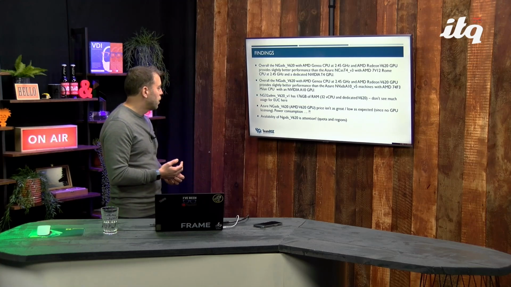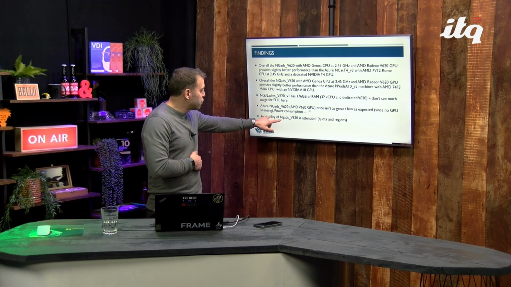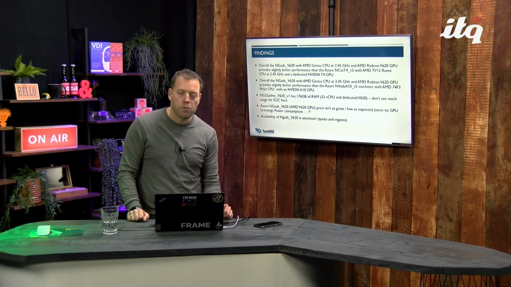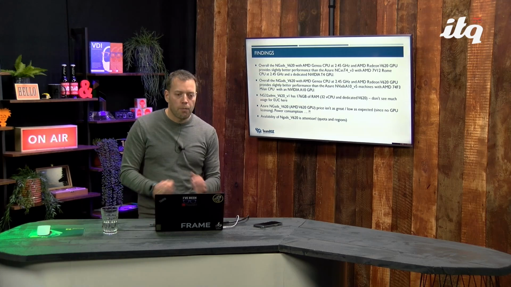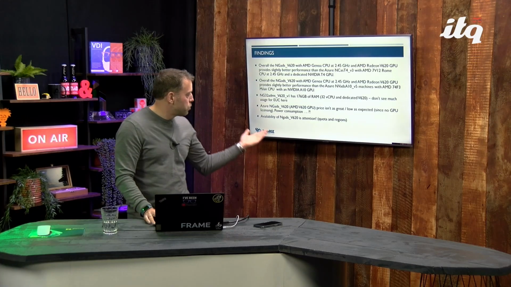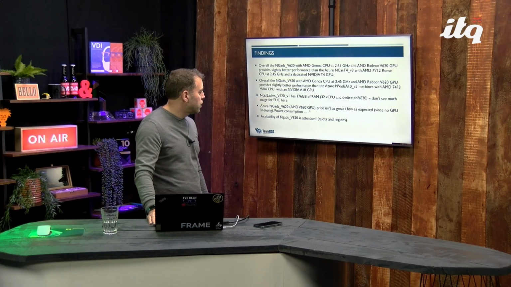Also the availability of this family member is an attention point. There are regions, as Joe mentioned, where this machine is available, but it's not available in all regions. So that's always an attention point with GPUs, but specifically for the NGadsV620, that's extra attention.